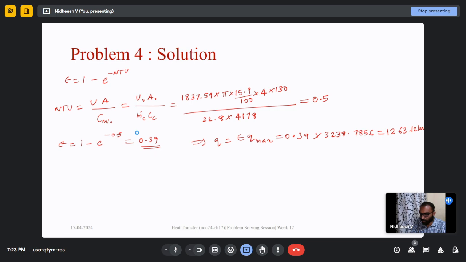The answer is 0.53 kilograms per second. That is the condensation rate that we will achieve through this shell and tube heat exchanger.